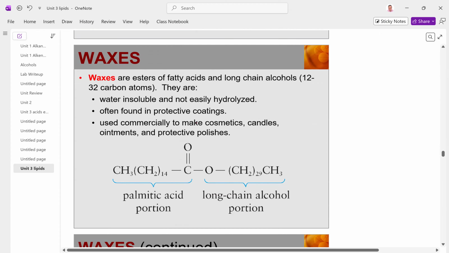Okay, all of you have heard of waxes, candle wax, etc. Candle waxes are the simplest lipid. Instead of a glycerol backbone being the alcohol, it's a one hydroxyl group alcohol, and they're very, very long. We're talking about C30 and a long typical C18 acid.